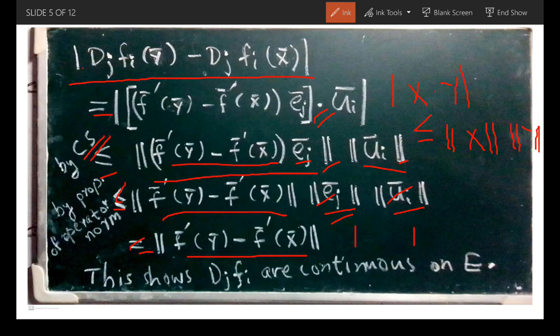But the left side, this quantity, is less than or equal to this right side. So the left side also can be made as small as you want whenever y is close to x. This is precisely saying DjFi are continuous for all i and j.